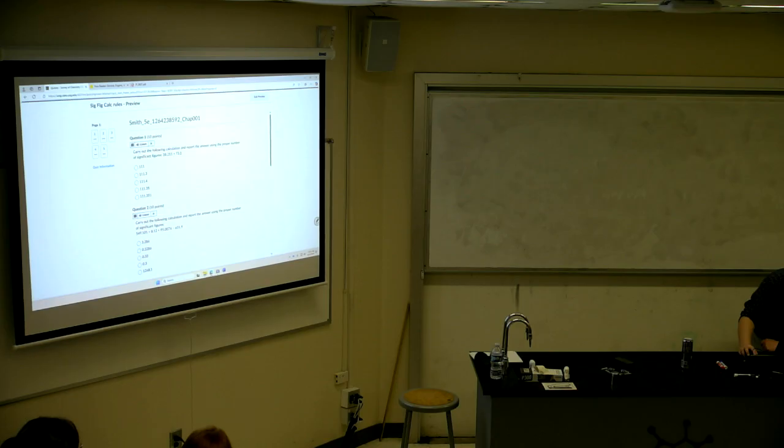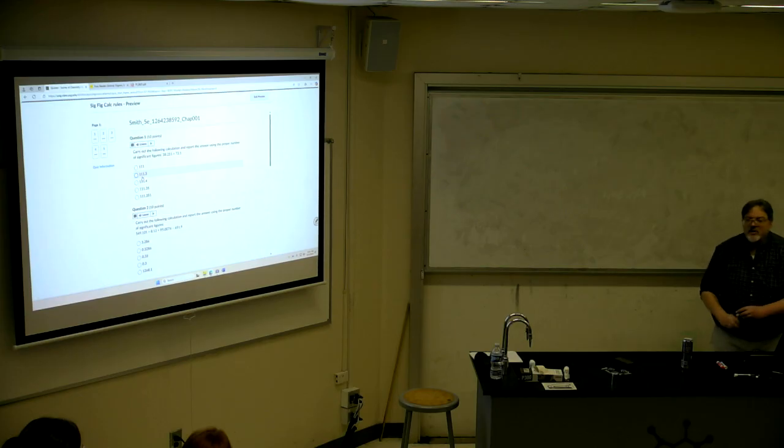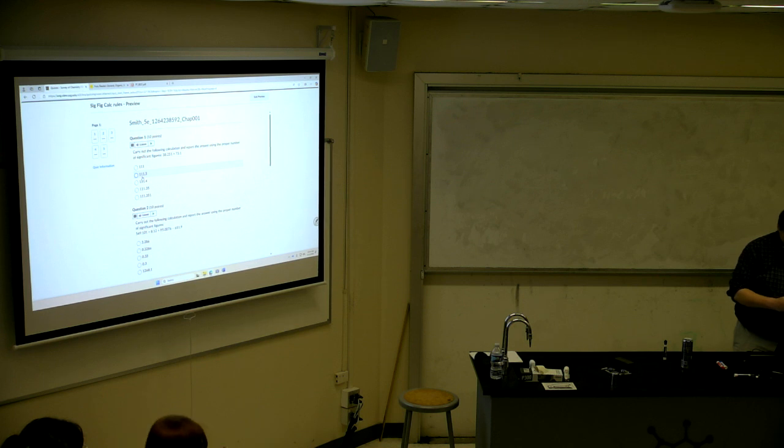So this first one, you've got 3 after the decimal here and 1 after the decimal. So your answer has to have 1 after the decimal. So this can't be the right answer, this can't be the right answer, this can't be the right answer. It's gonna be one of these two. You can tell that just from looking at it, right?